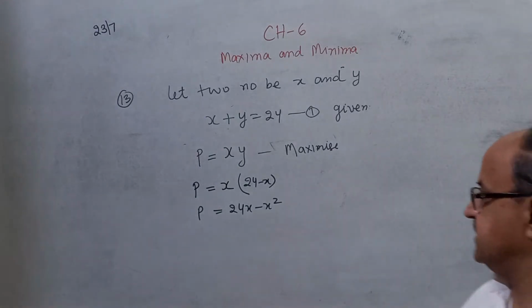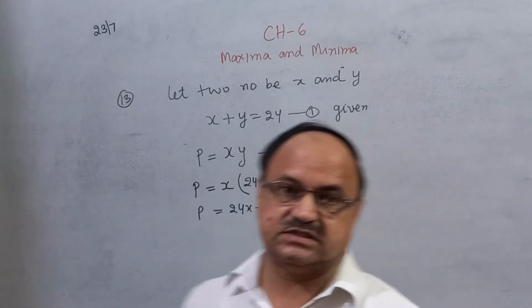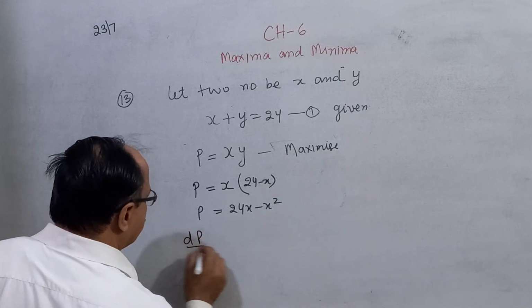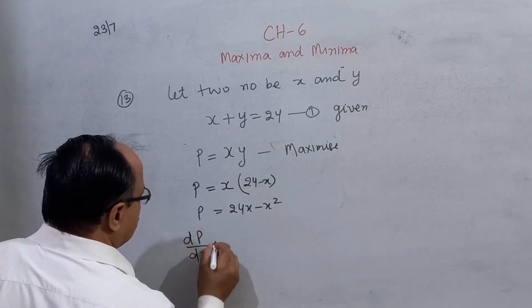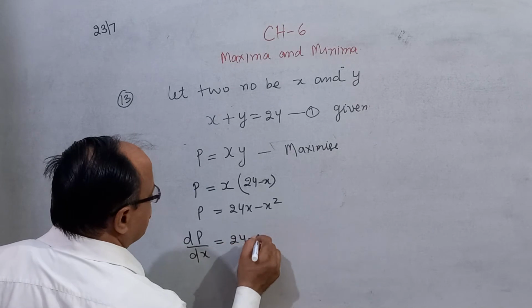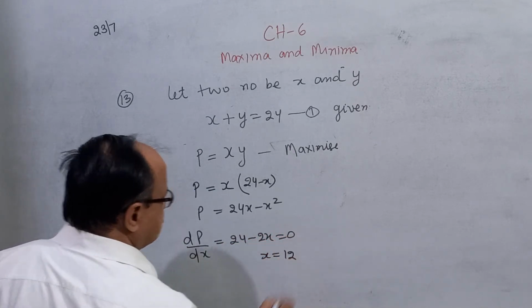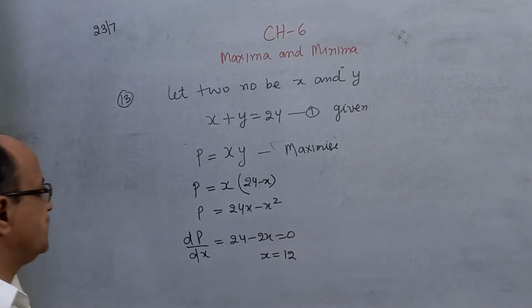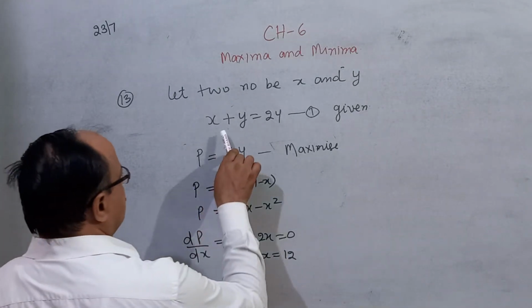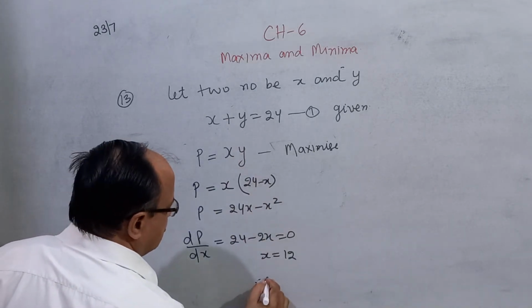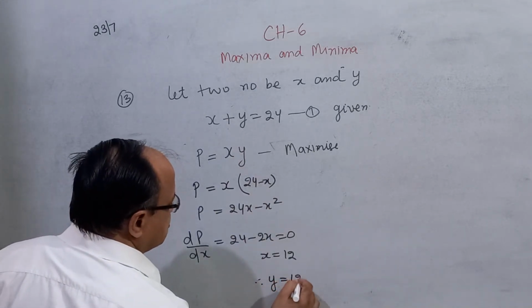Differentiate both sides with respect to x. dP upon dx is 24 minus 2x. Put this equal to 0. Therefore x is equal to 12, and therefore y is also 12.